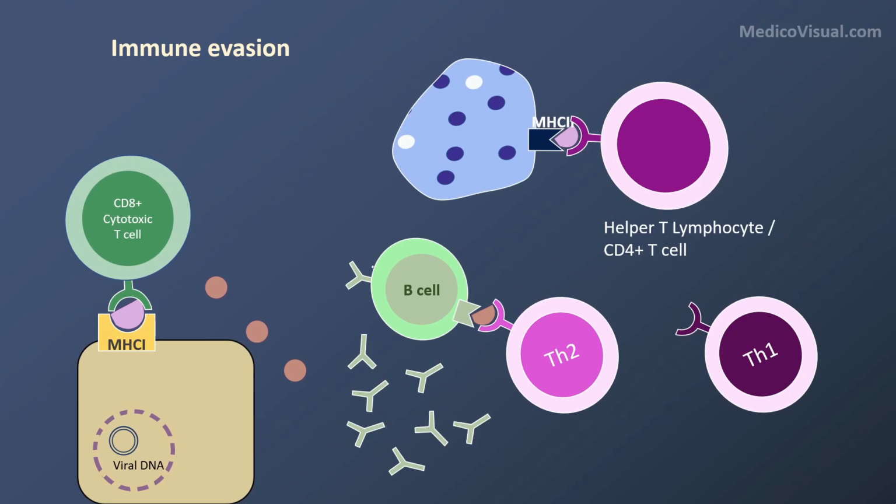Th2 will win. Why? Because e-antigens are much greater in quantity, much greater in number, as compared to these MHC1 bound cells, MHC1 presenting these things, right?